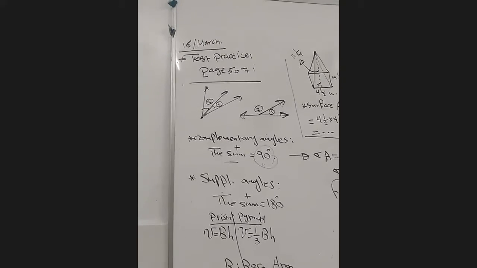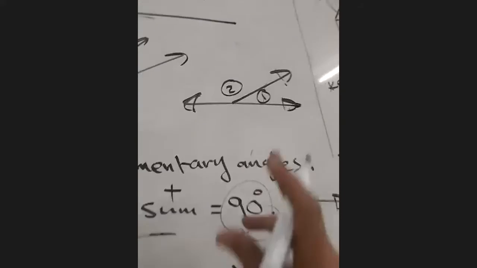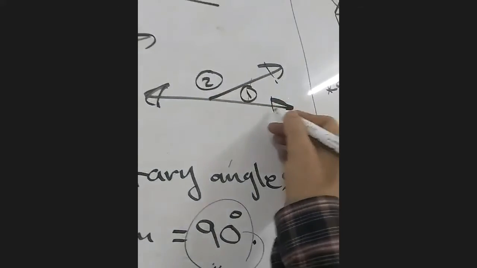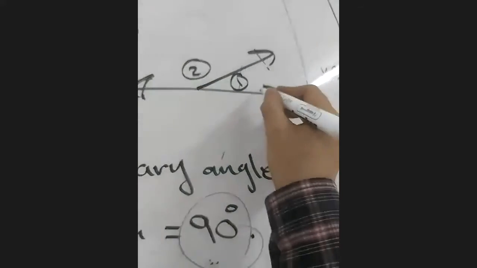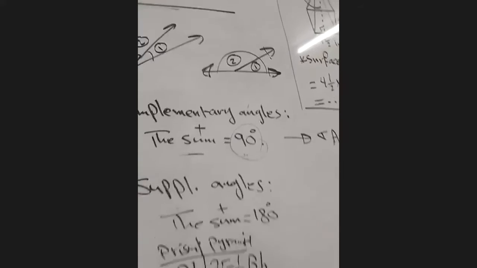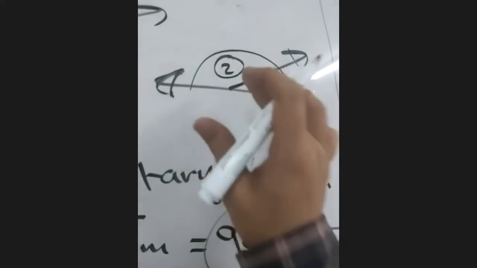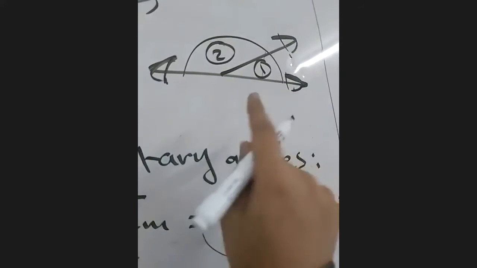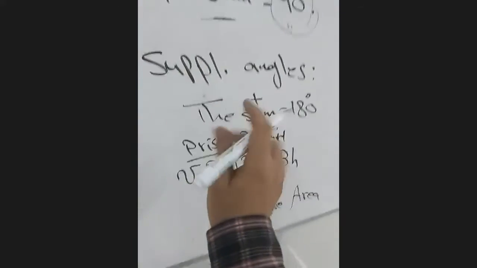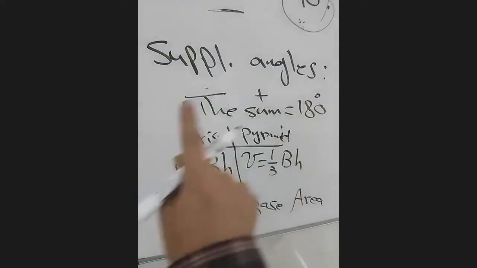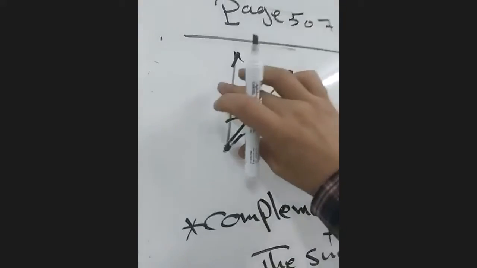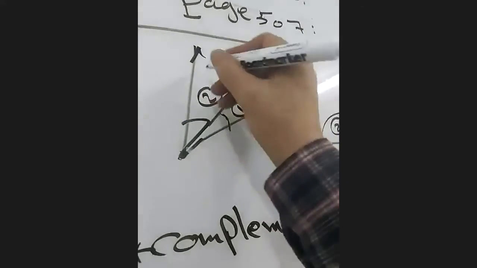Do you understand? Now, if angle 1 and 2 are adjacent on a straight line, what's the total of them? 180. So if the 2 adjacent angles are on a straight line, the sum is 180, and the angles are supplementary. But if it is not a straight line, the question gives you the sum.